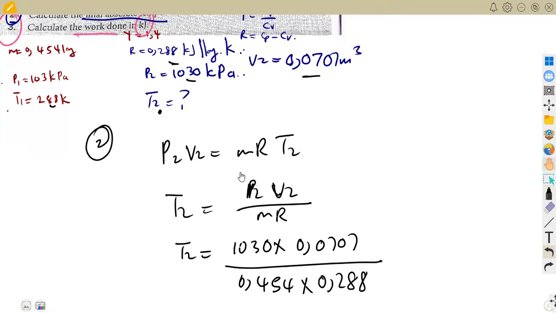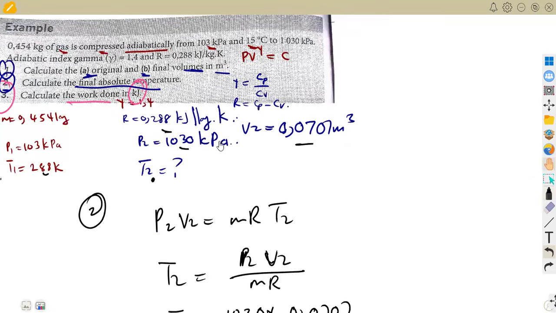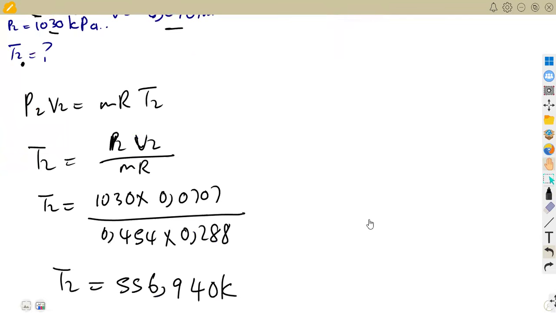Then they want you to calculate the work done in kilojoules.